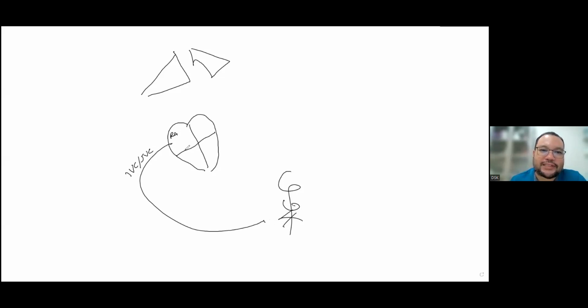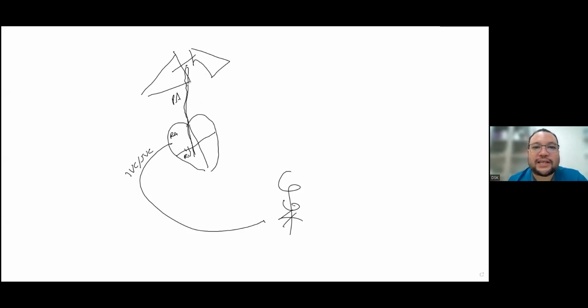From the right atrium, you have a valve here. This is your right ventricle. From the right ventricle, you have this large vessel, a large artery, which is the pulmonary artery. Whatever goes away from the heart is artery, and whatever goes into the heart is vein.